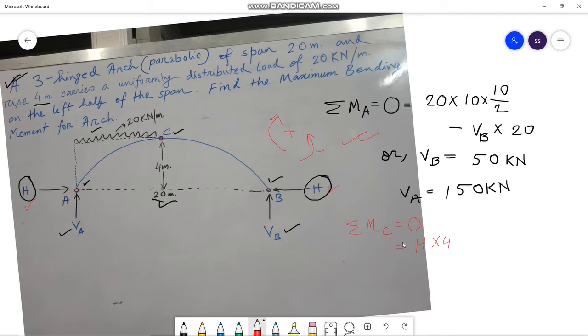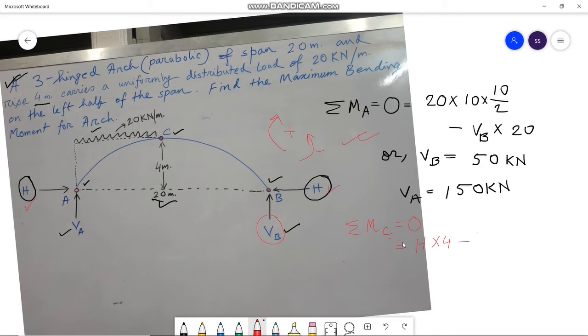So the moment is H into 4, and it is causing the clockwise moment. So this is positive, and next is the force Vb. The moment generated due to Vb is in the anti-clockwise direction, so we are taking this as negative.